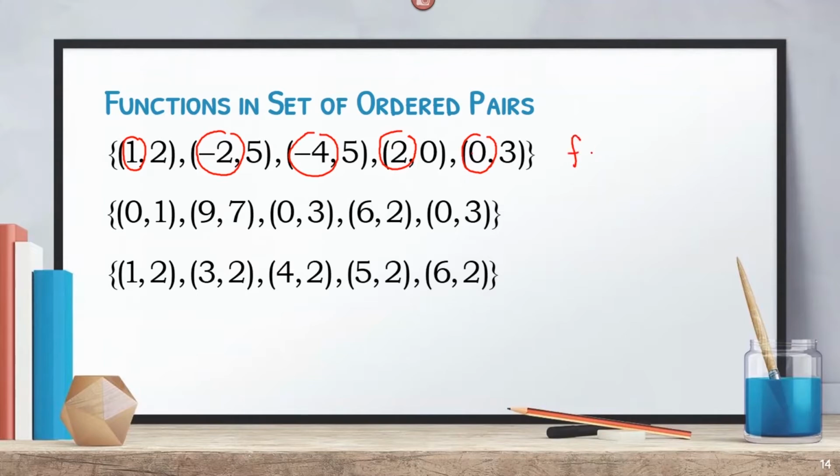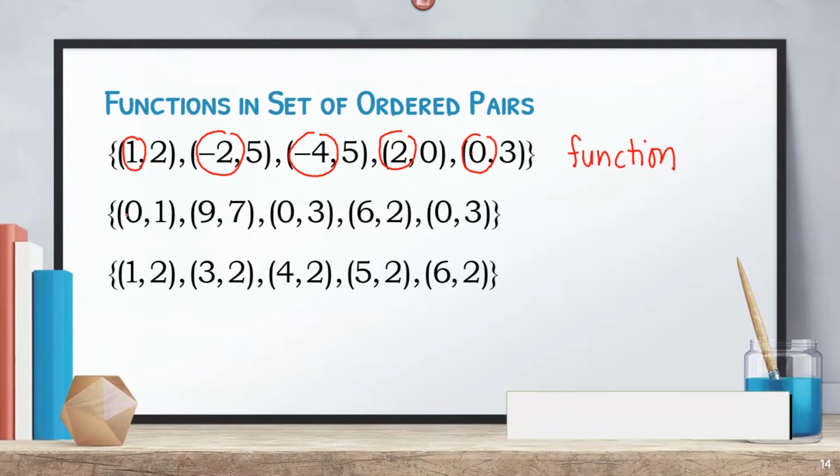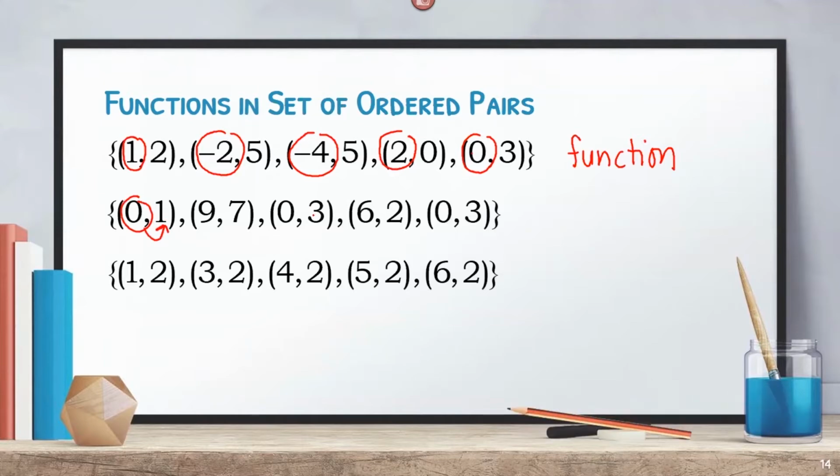Therefore, this set of ordered pairs is a function. On the second one, notice that 0 is being paired to 1. At the same time, the same value of x, 0, is being paired to 3 as well. Therefore, this set of ordered pairs is not a function.